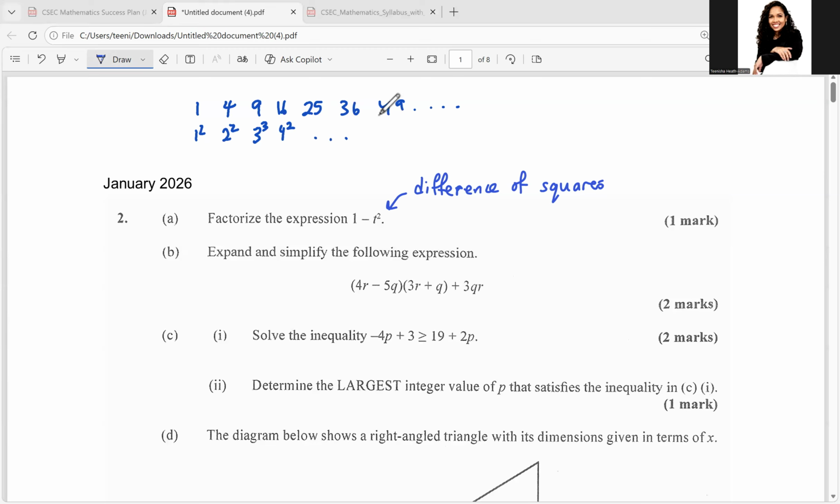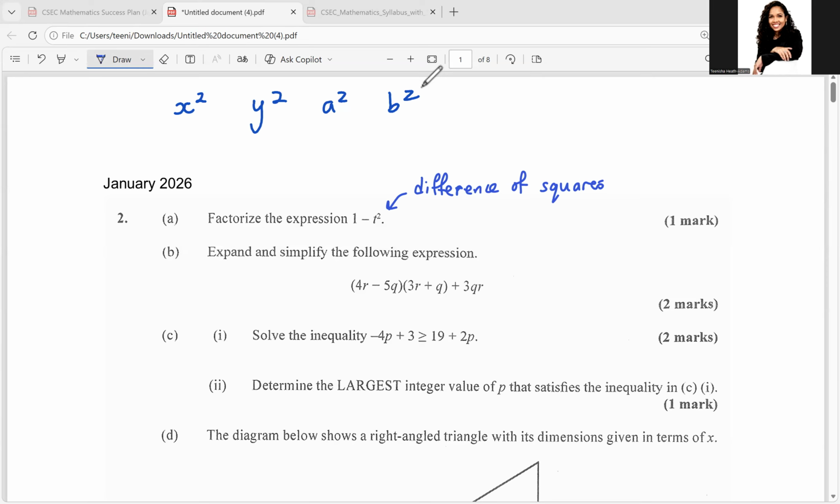So a square number is a number that you get when you multiply another integer by itself, right? All of these are square numbers, but you can also have terms that are square terms as well. For example, x squared is a square term, y squared, a squared, b squared. Anything squared will be a square number.